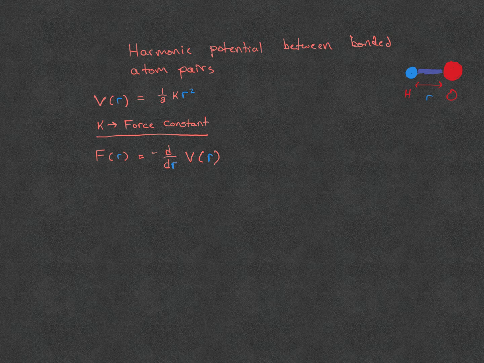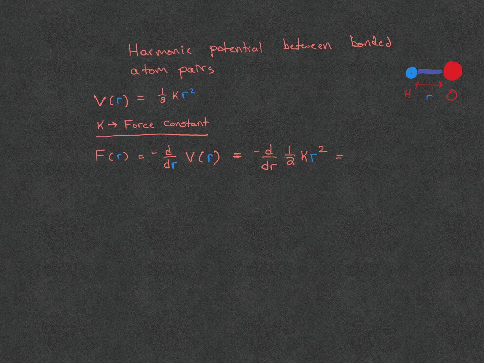Okay, and now, how do we do this operation? Negative d dR of 1/2 K R squared.